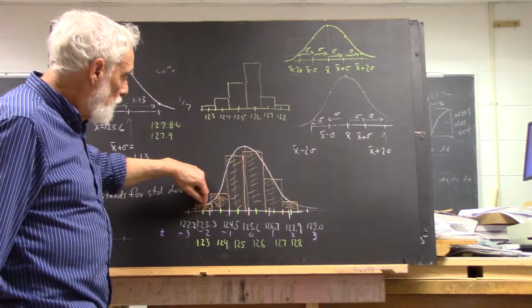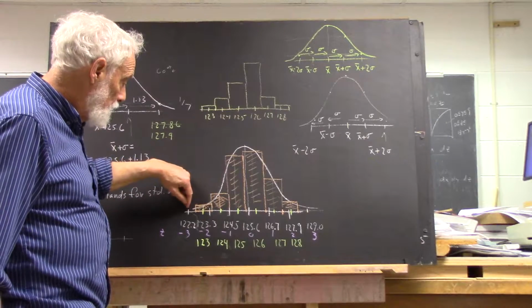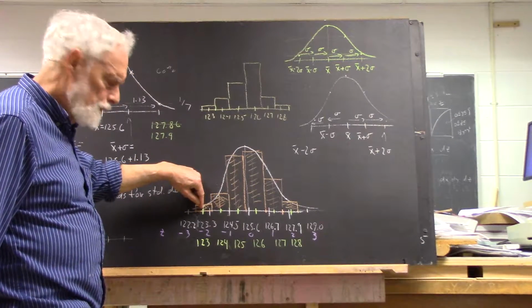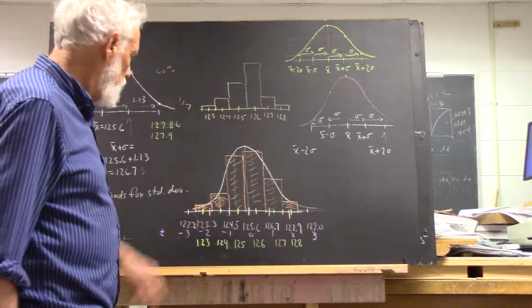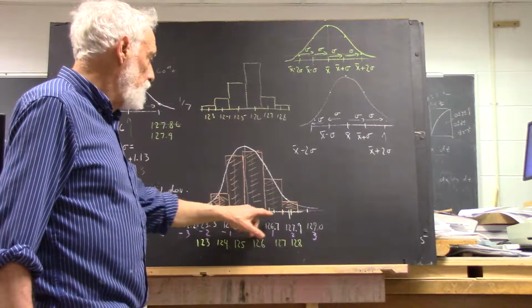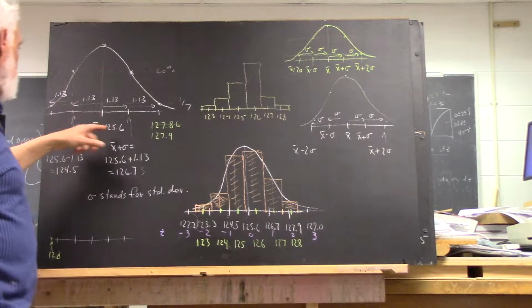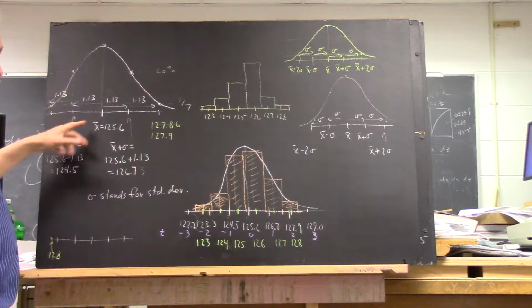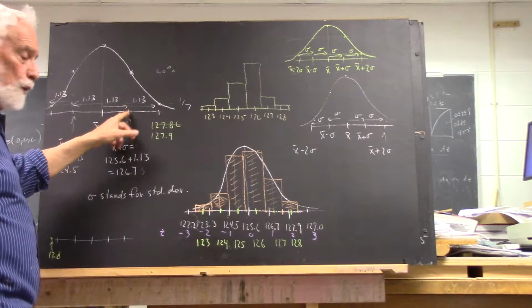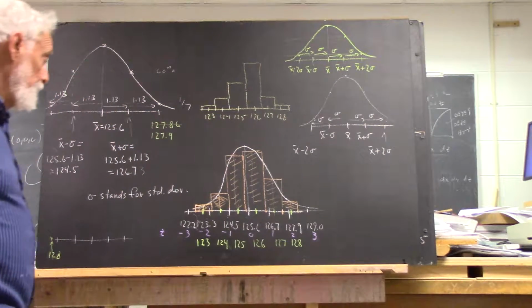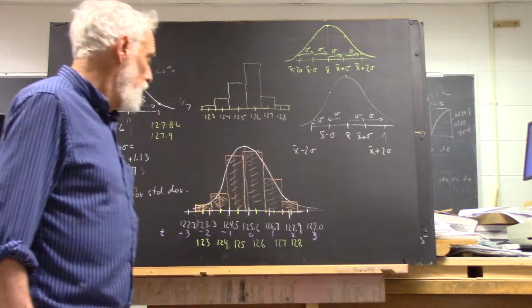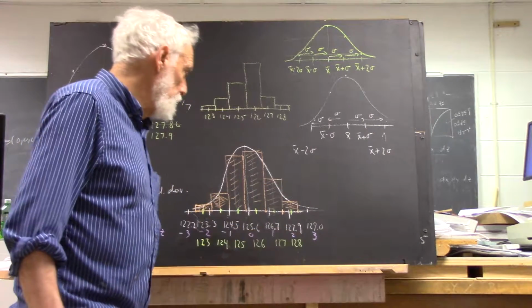So it's going to be quite a bit closer to this end of the interval than to this one, so I put it right about here. And with each of these numbers, I reasoned out where it would be within the interval between the values that we originally labeled, the values that we get by going to the right 1, 2, and in this case 3 standard deviations, and to the left.